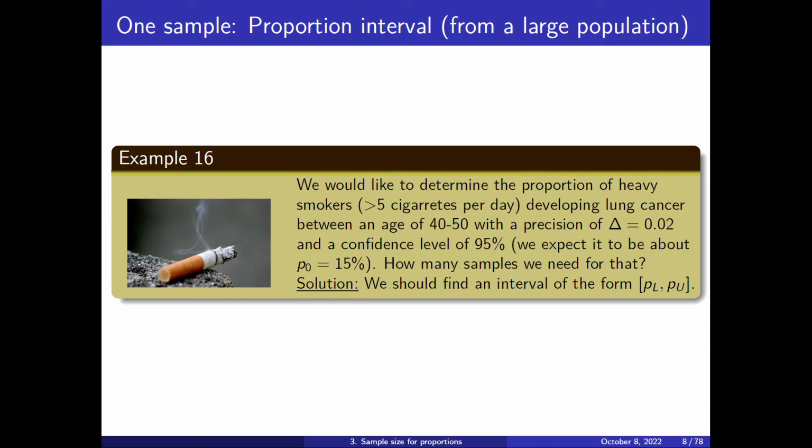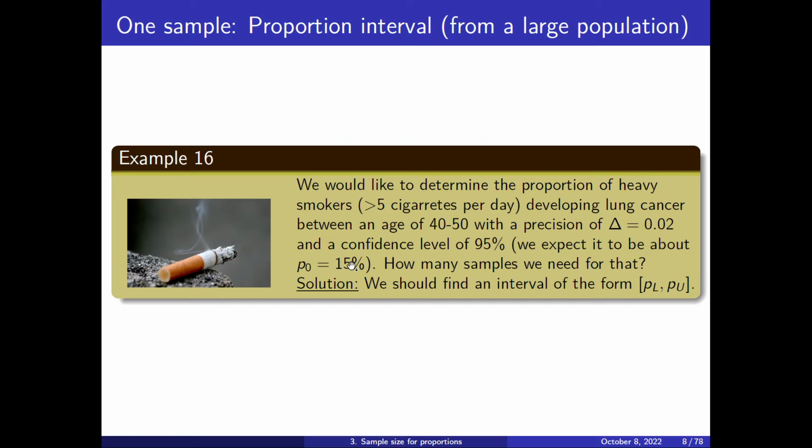So we want to construct the confidence interval with a lower bound and an upper bound, and we want this confidence interval to have a precision of 0.02, meaning that the difference between the upper and the lower bound is 2%, and we expect the proportion to be around 15%.